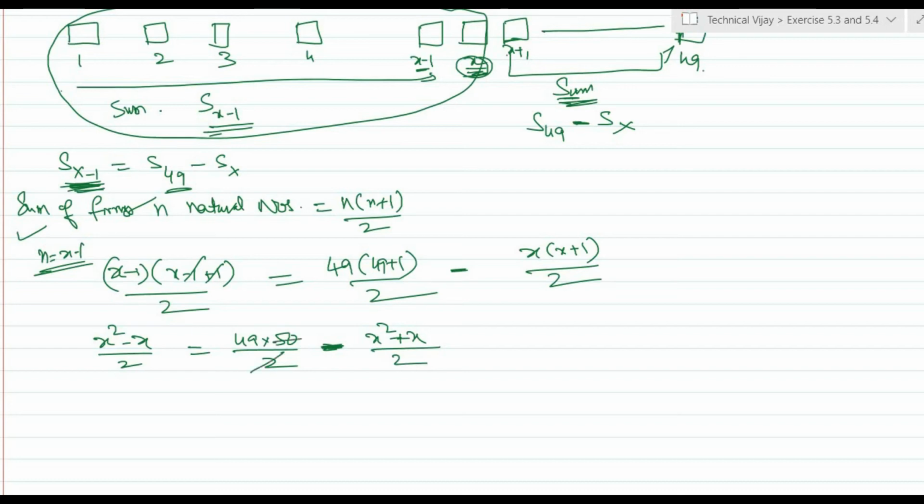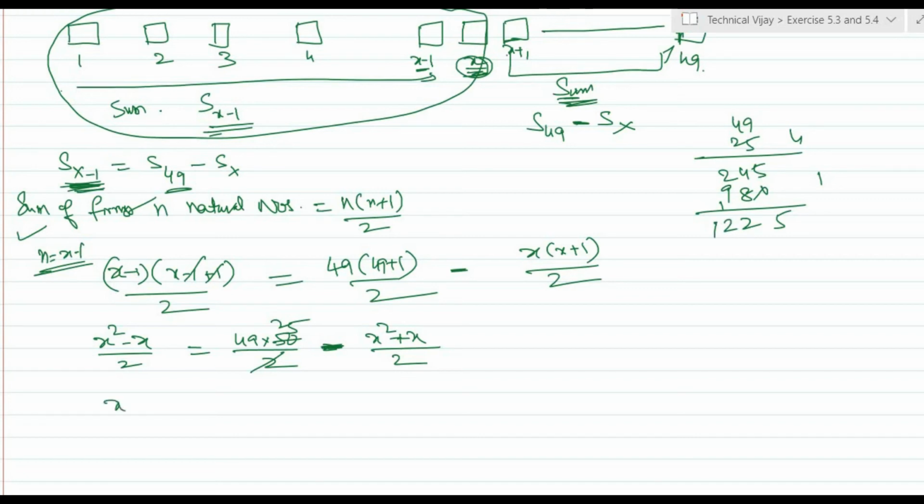This is 2 into 25, so 49 into 25 is 1225.